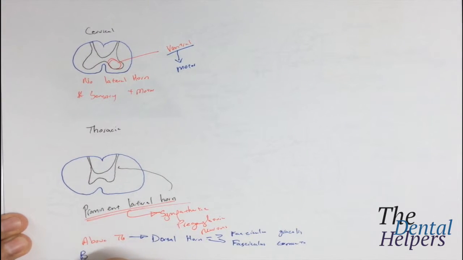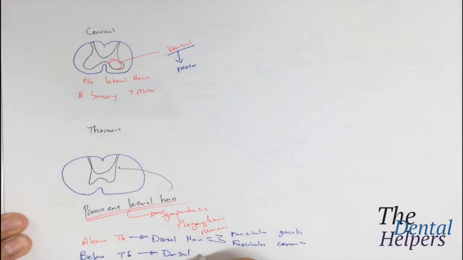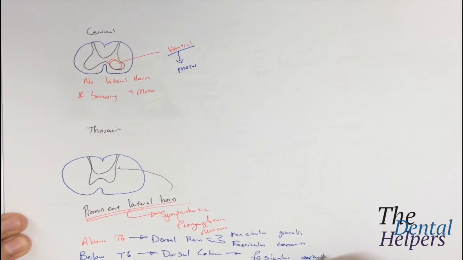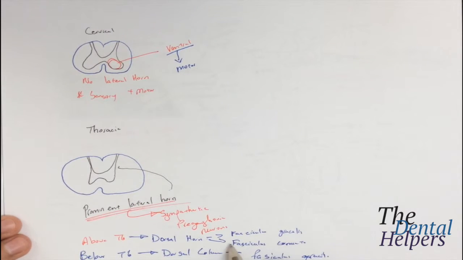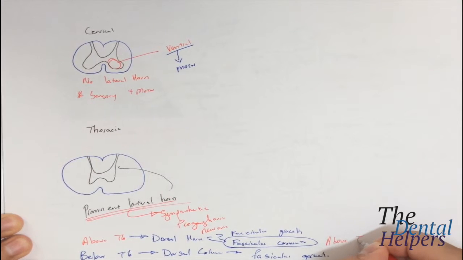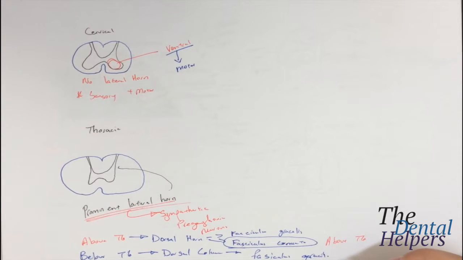If we go below T6, dorsal column will only have the fasciculus gracilis. So the big change is the cuneatus. The cuneatus is only above T6. Below that we don't have the cuneatus.